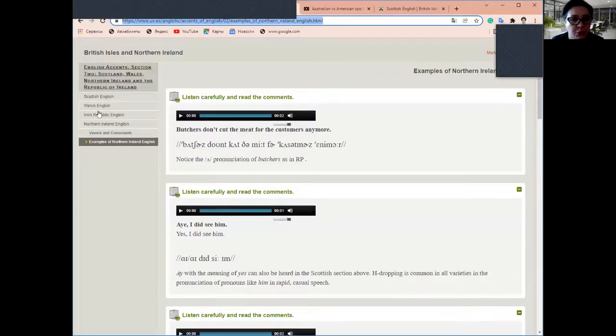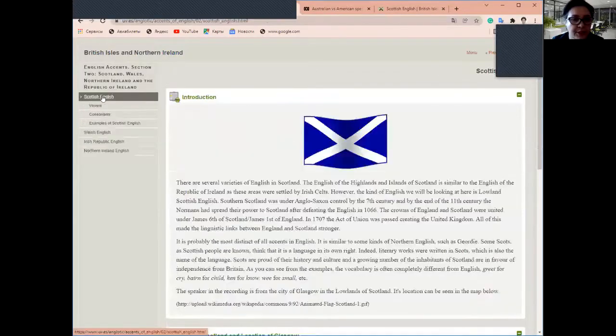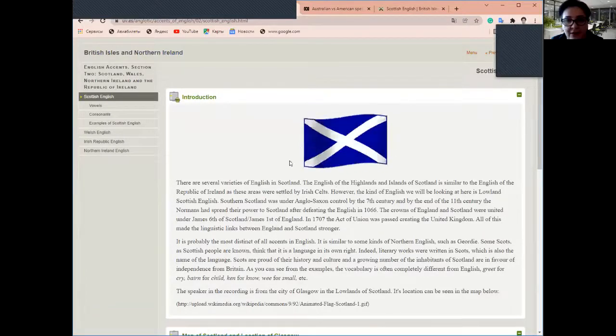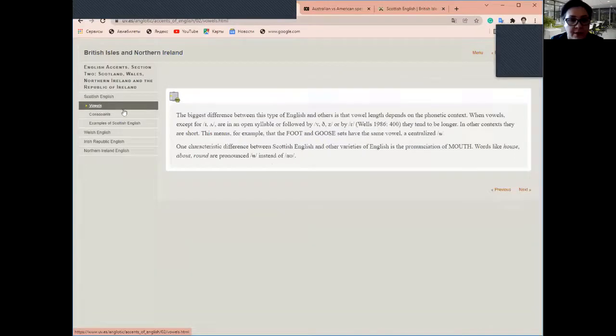Let's go to the pronunciation of Scottish English. Here is the flag of Scotland, and the differences are huge in Scotland. In Glasgow, the Scottish variant of English is also used. Examples for Scottish vowels, which are different from English vowels, are given.